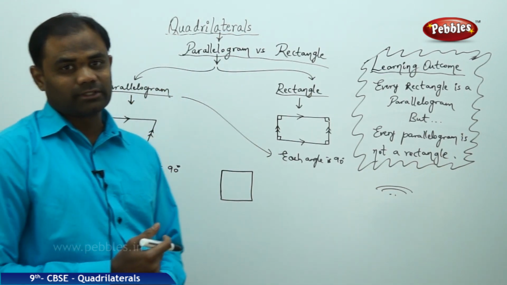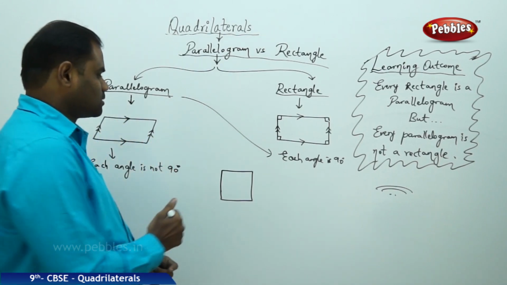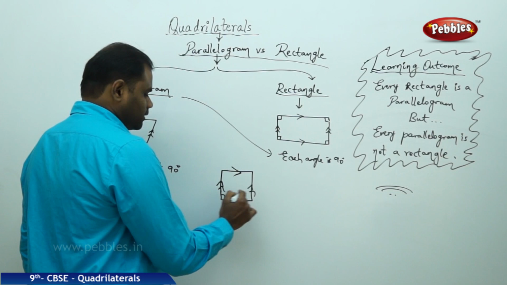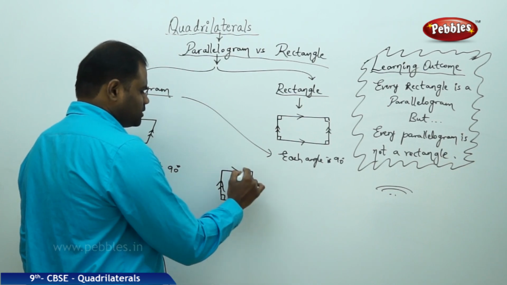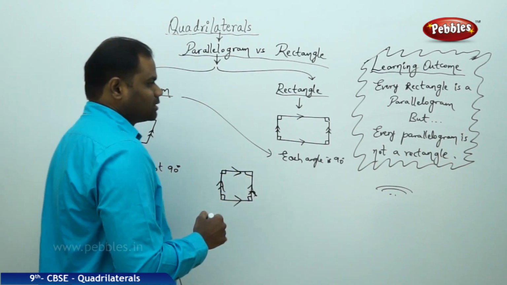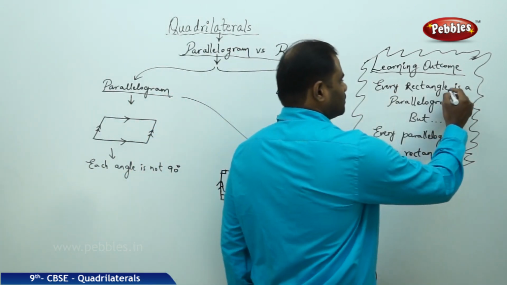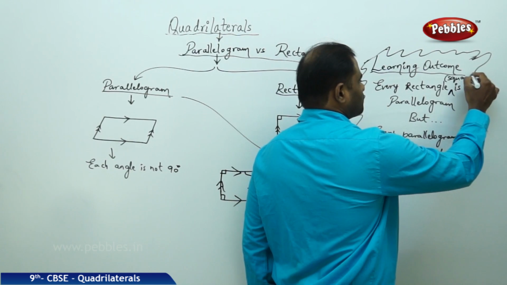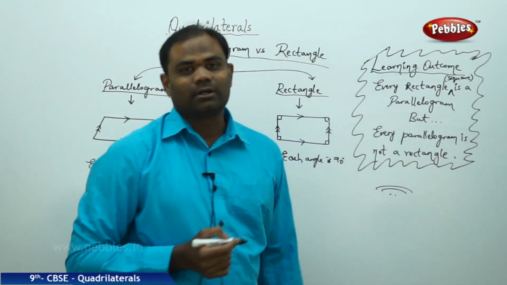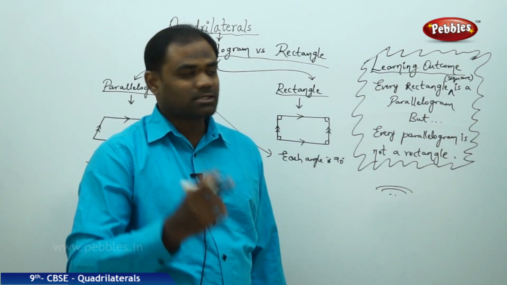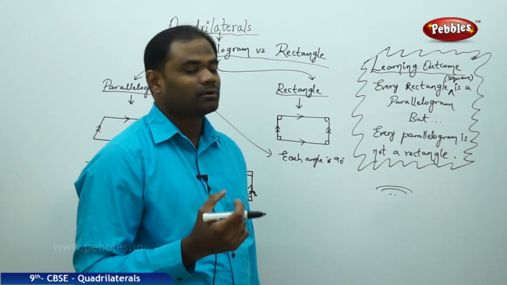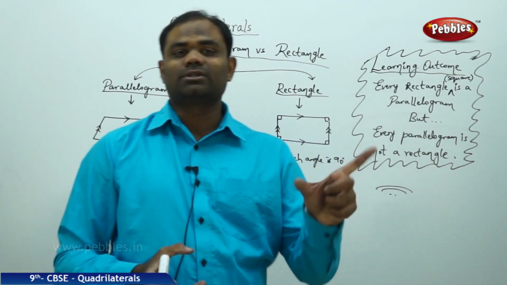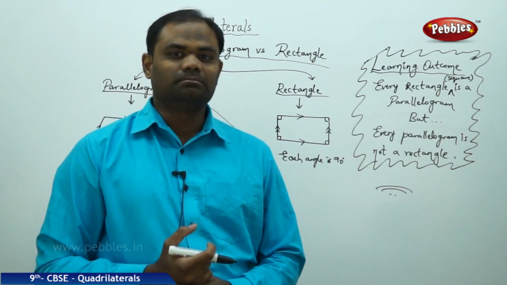Since opposite sides are parallel, irrespective of the condition that each angle is 90, again I can say every rectangle or even a square is a parallelogram. Every square is a parallelogram, but every parallelogram is not a square. This is how I connect a square and a parallelogram.